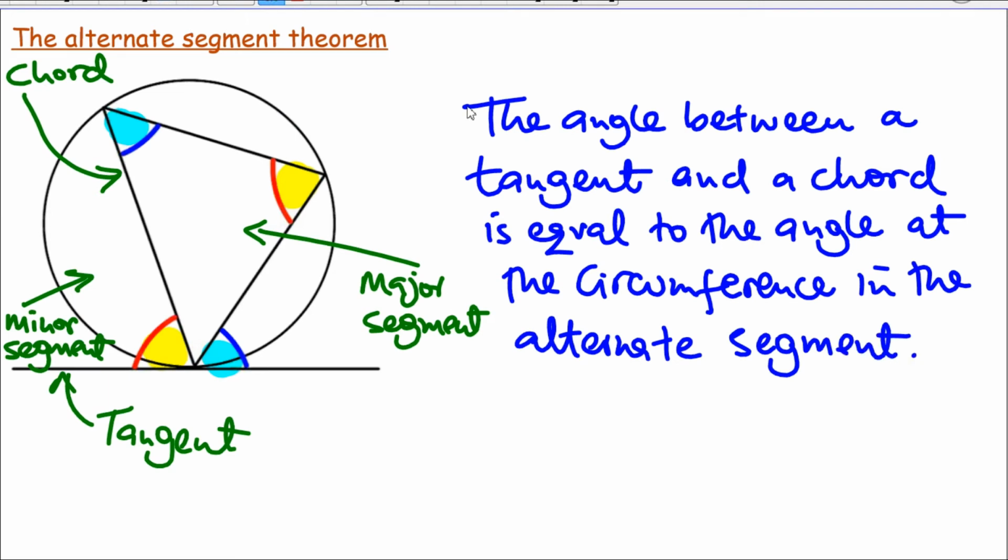Okay, so this is the alternate segment theorem. The angle between a tangent and a chord is equal to the angle at the circumference in the alternate segment. As you can see, we have a minor segment and a major segment.